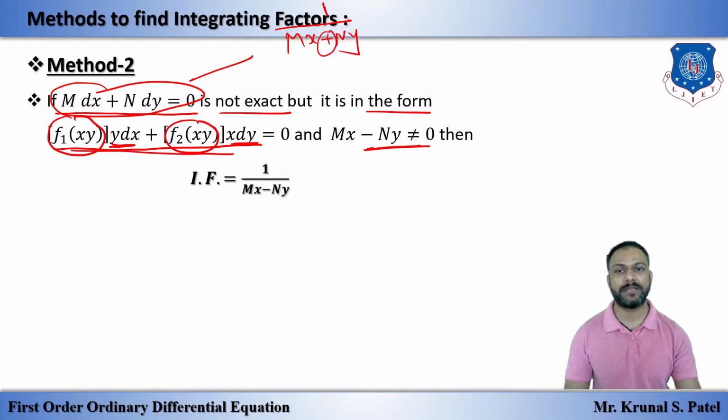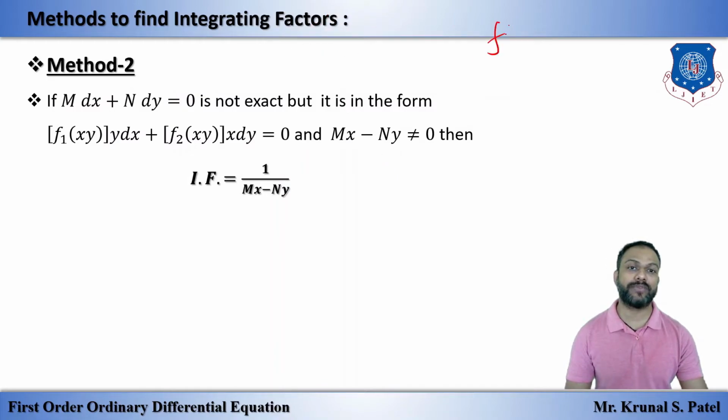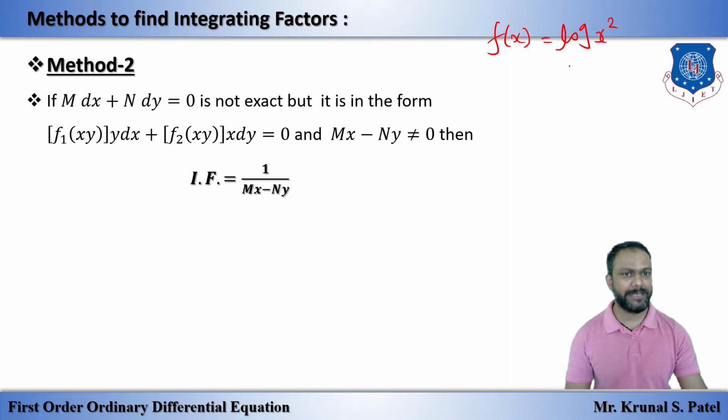So what is the difference? Plus and minus. If homogeneous, then plus, and if in this form, then minus. So what is the meaning of in this form? If I say function of x, we can write log x square, anything, sin x square, anything.